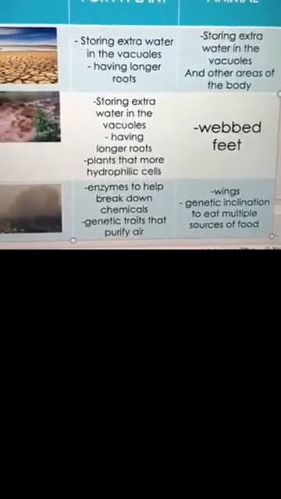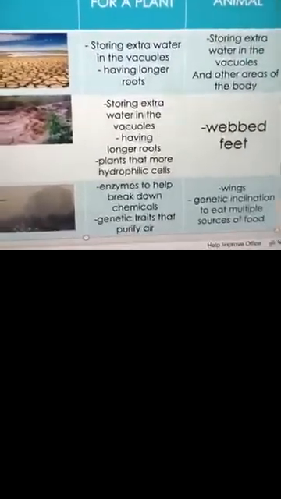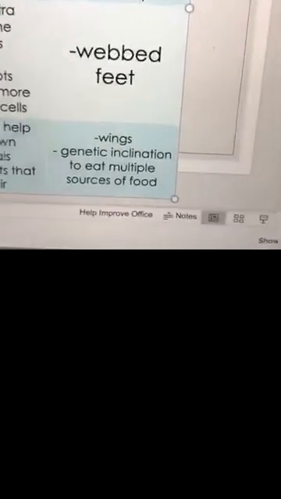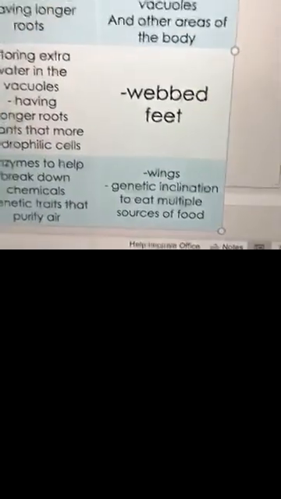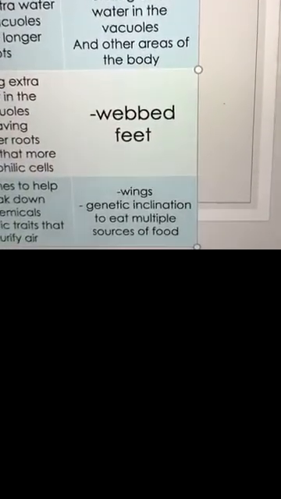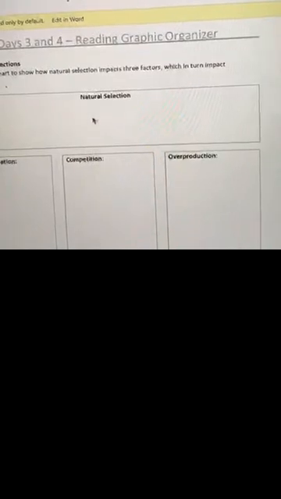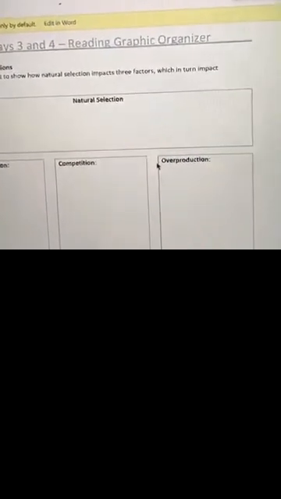All right, so we're going to clearly stop here. What I'm going to ask you all to do is to make sure that you have this graphic organizer on a page that says day 3 and 4 completed. In this section here, they're pretty much just asking you all for definitions for the first 4 boxes, and you can pull all of that from the article.